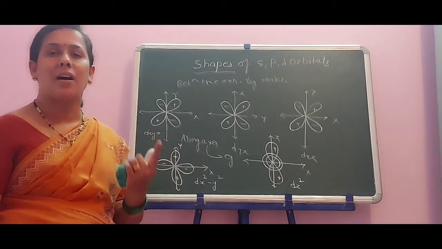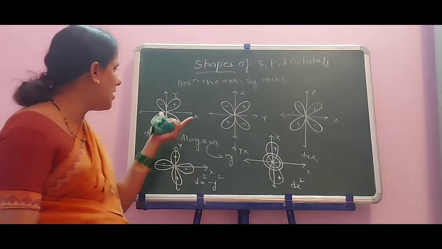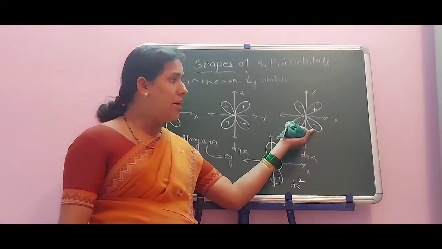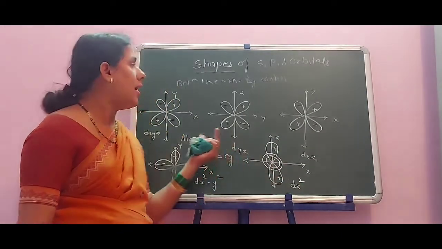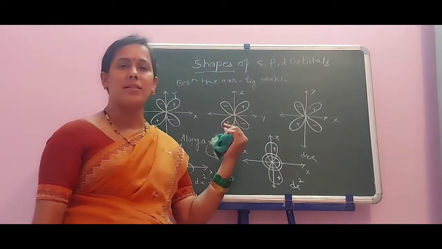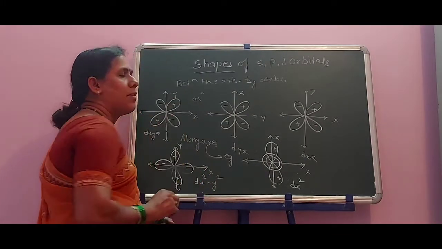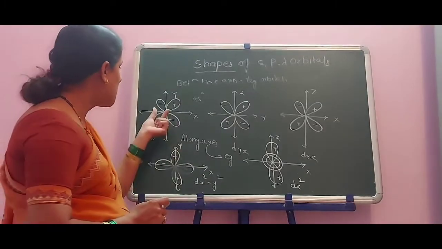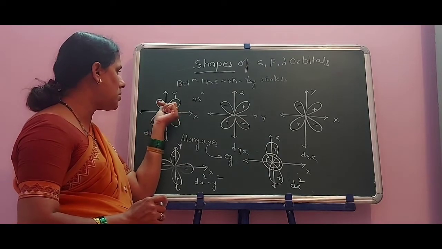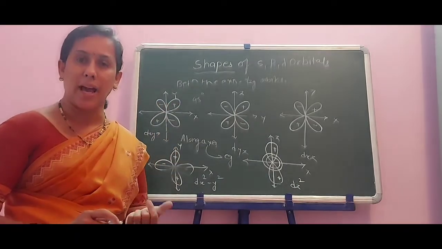These 3 orbitals are degenerate. They lie between the axes and incline with the coordinate axis at 45 degrees. Each lobe of d orbitals has alternating positive and negative signs.